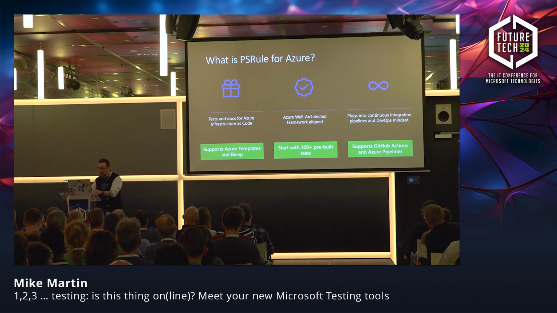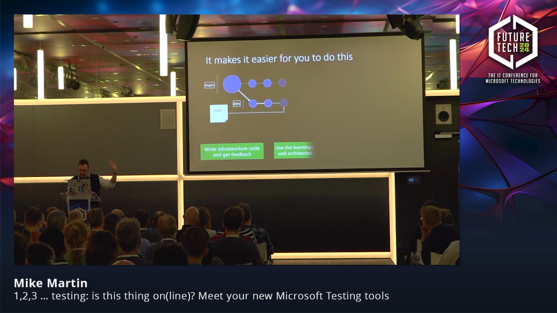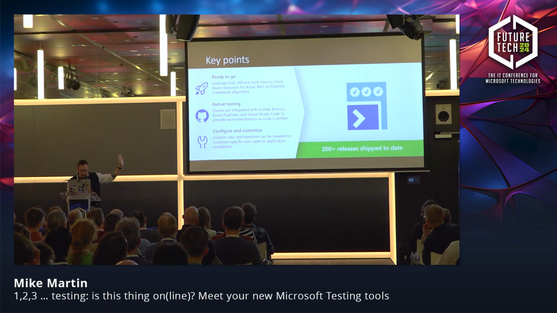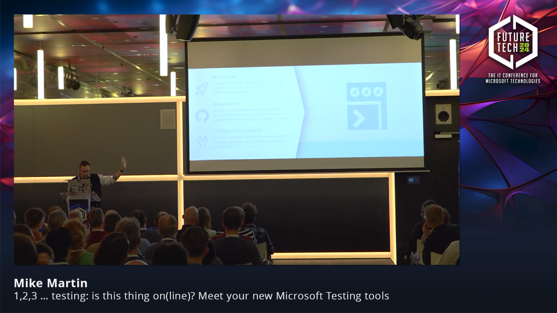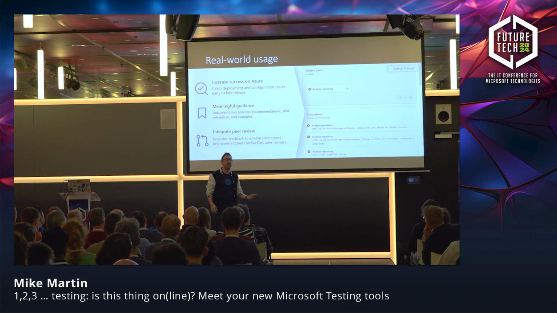Now, why would you do this? Everybody has probably heard about this, so this is what you want to set up. What it's actually based upon is the Well-Architected Framework. Everybody here know about the Well-Architected Framework?